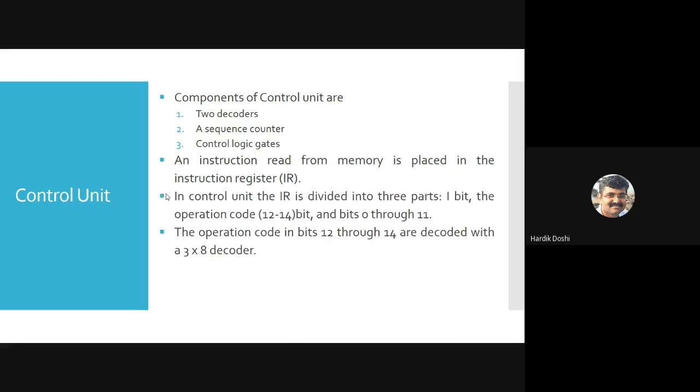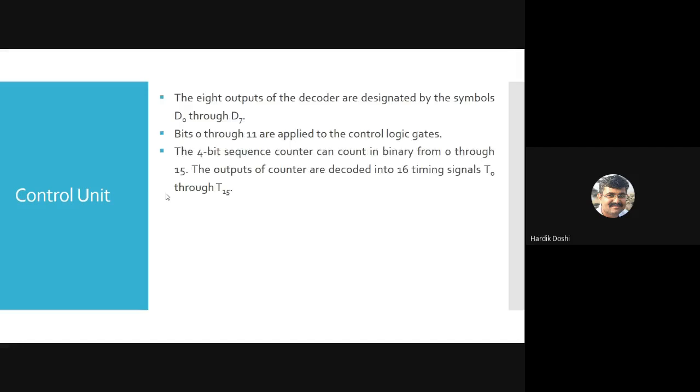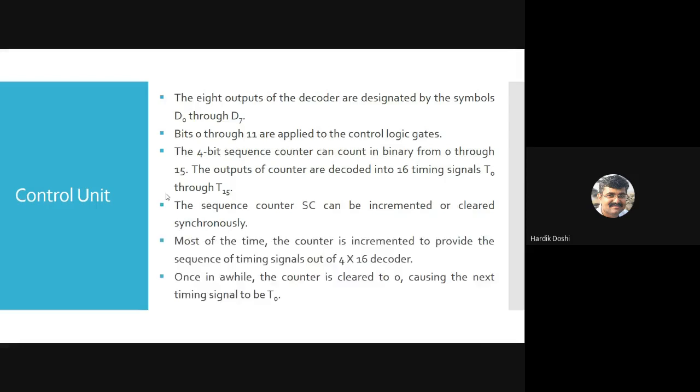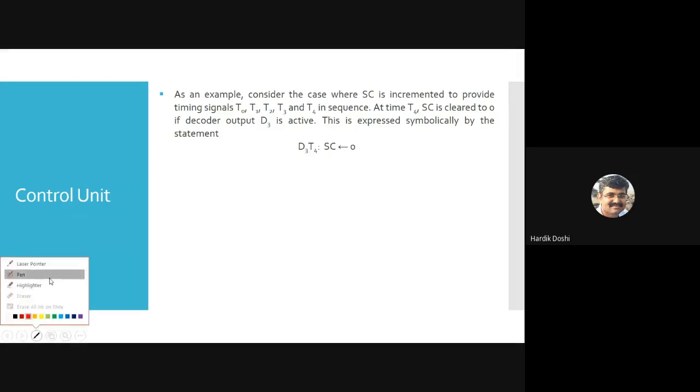Bits 12 to 14 will be your opcode, which will be decoded, and correspondingly we will get decoded outputs D0 to D7 and so on. All these stories I had mentioned. But now my main concern is to understand this line. This is what I am going to teach you now.